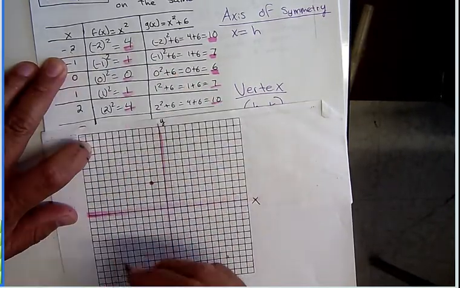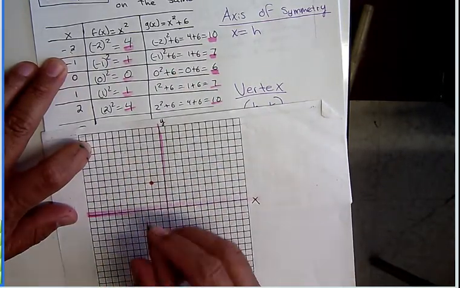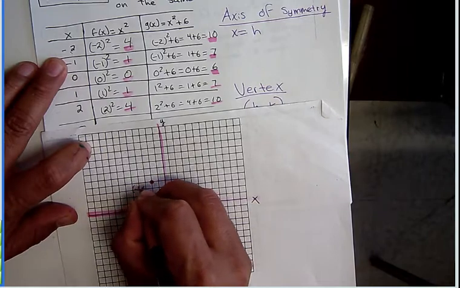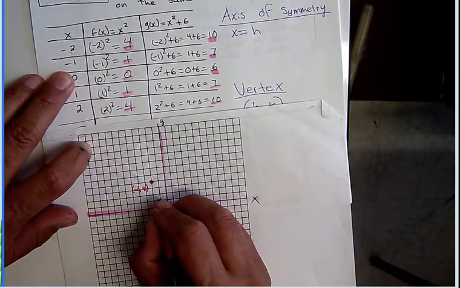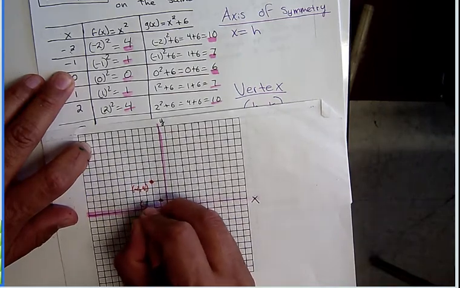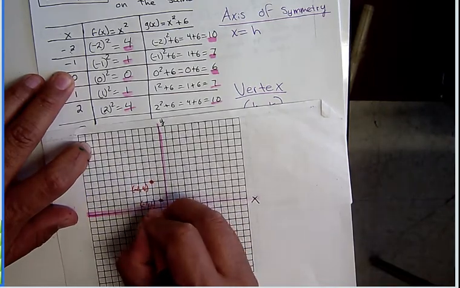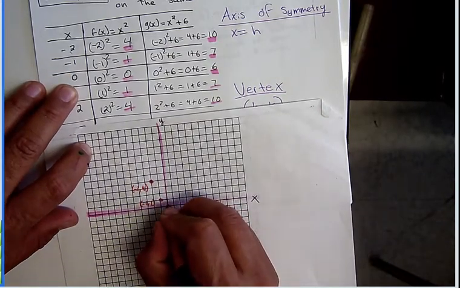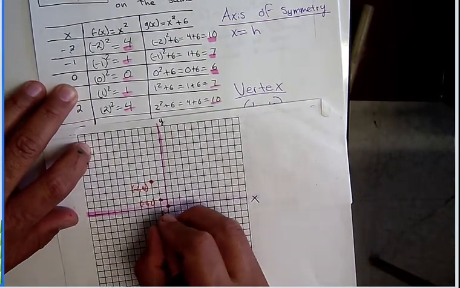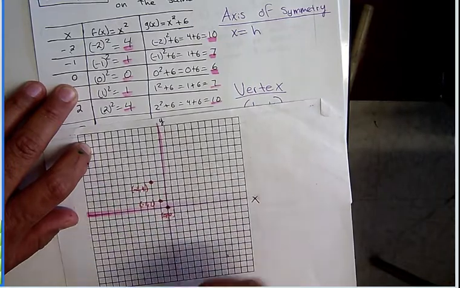-2, 4. So this is -2, 4. Then -1, 1 right here. Then 0, 0.